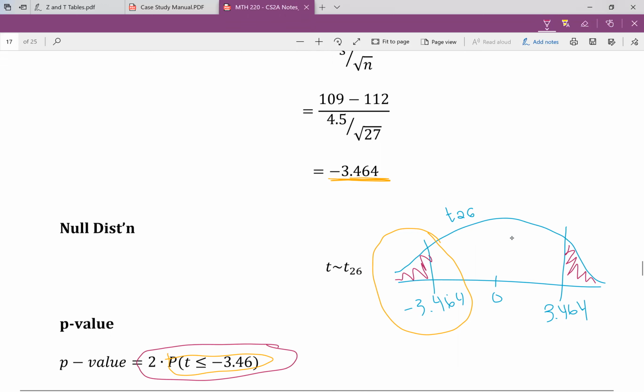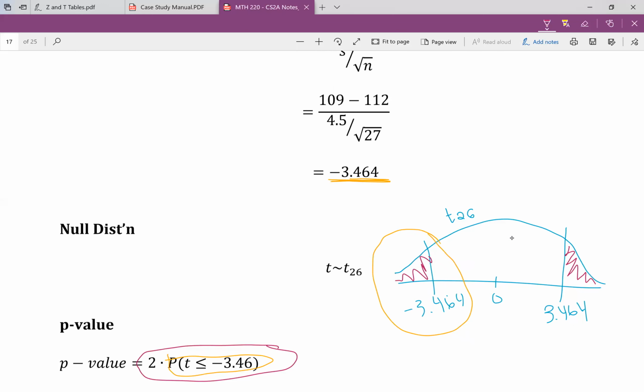Now what we want to do is look up this orange probability in our chart. We want to look up being less than negative 3.464, which we are going to flip across in our thinking. That is going to be the same as looking at positive 3.464. What we have written in orange is because of the definition of p-value.